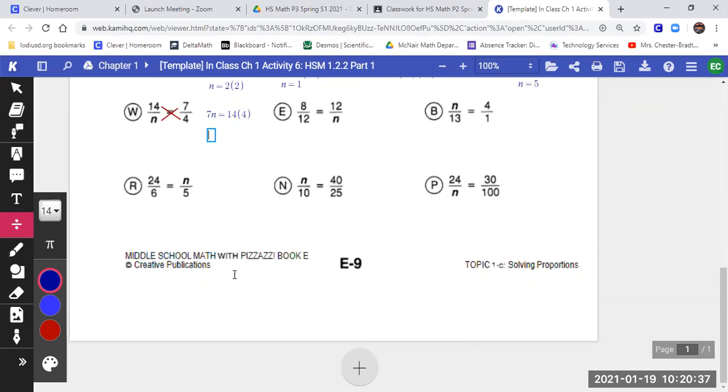Come on, guys. What's the next row going to say? No, we're not going to find 14 times 4. We already put that there. See? What's my next row going to say?